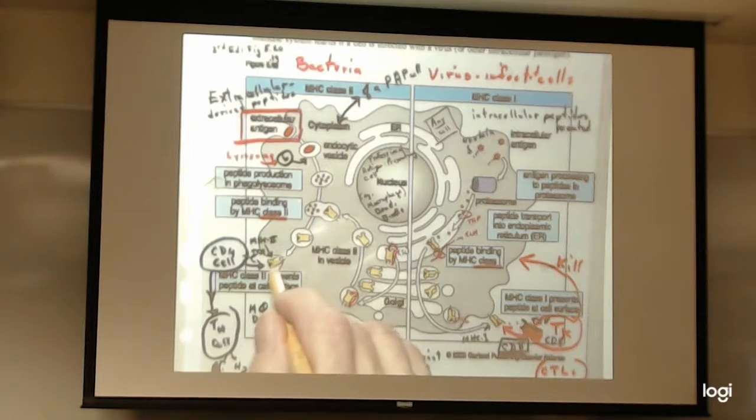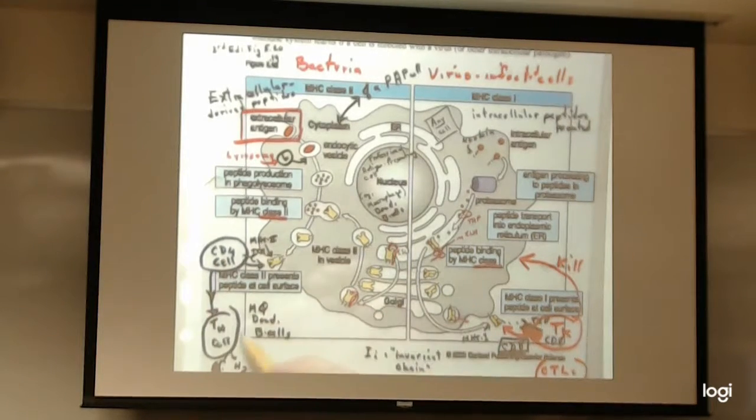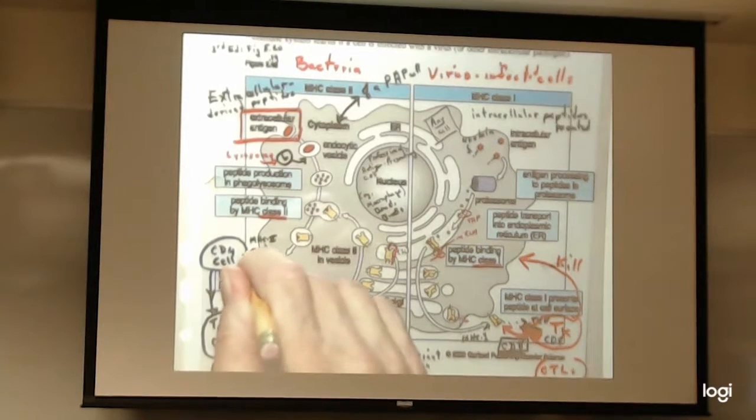And so MHC2 molecules activate CD4 T cells to become T helper cells. Class 1 molecules can activate CD8 T cells to become killer T cells, or if they've already become killer T cells, this T cell receptor in a CD8 cell can bind only a class 1 molecule. And we're going to talk about why that is in a subsequent lecture.